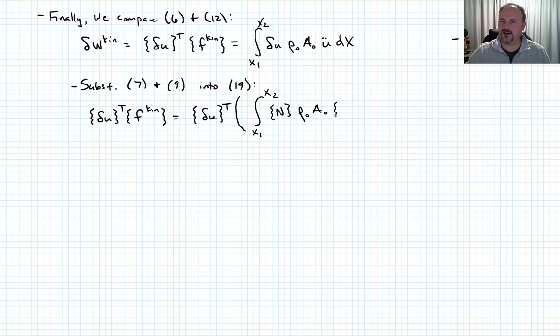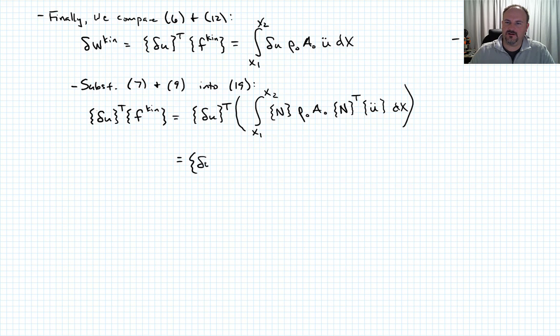Well, that just looks like N transpose times U double dot, dx. Again, because this is a nodal acceleration, it's not dependent on x, so we can pull it outside.